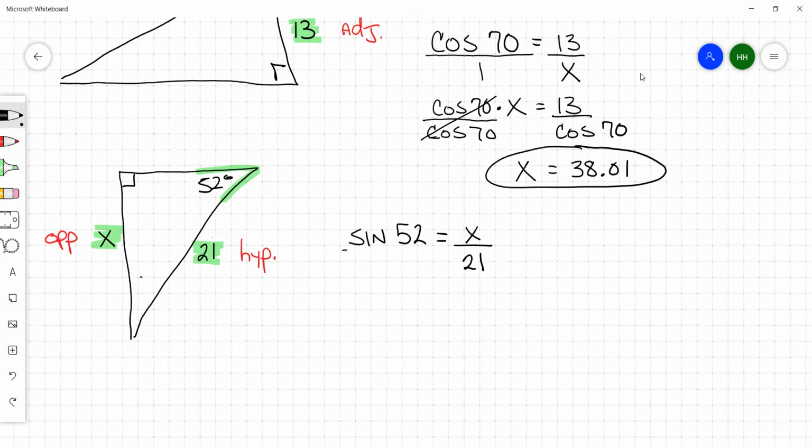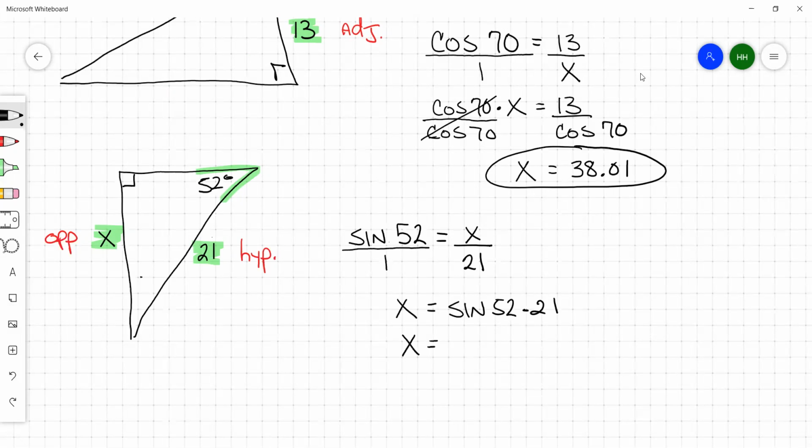We're going to put the sine 52 over 1. And we're going to crisscross multiply again. So 1 times x is x. And on the right, we got sine 52 times 21.